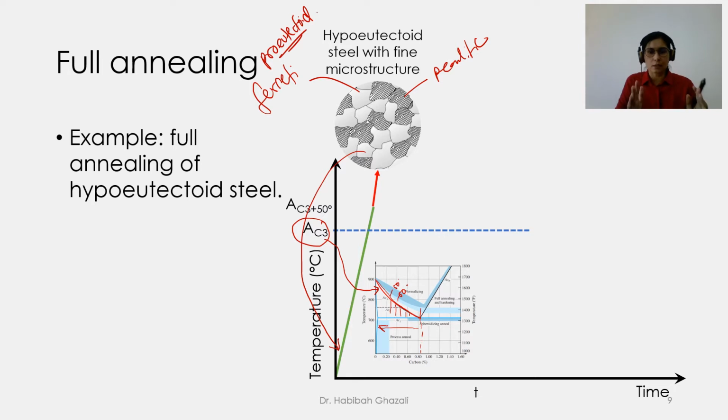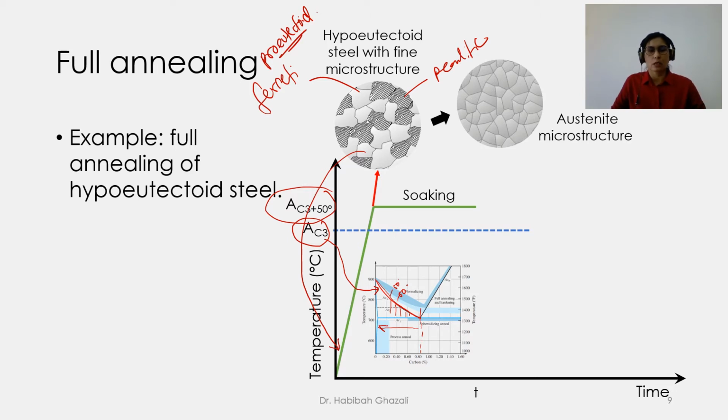If we soak this microstructure at this temperature, which is 50 degrees above the AC3 line, for a length of time, everything will transform back into austenite. This process is what we call austenitization. So we hold it at that temperature for a period of time, and all of this microstructure will transform back to austenite.